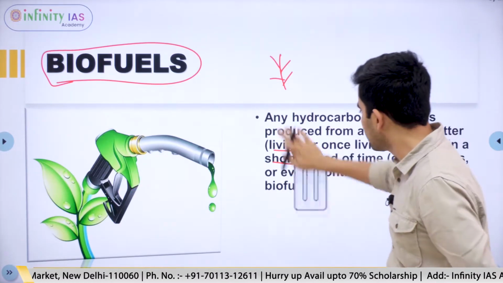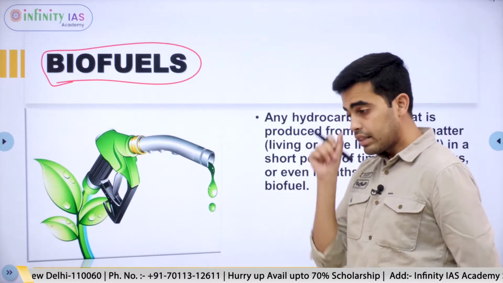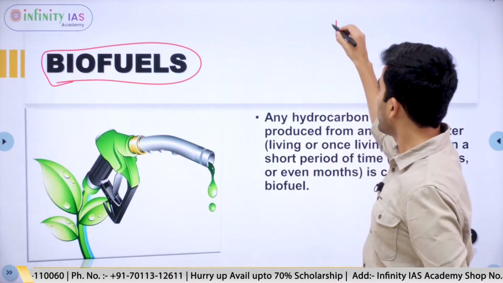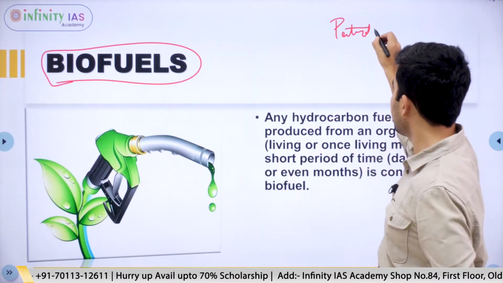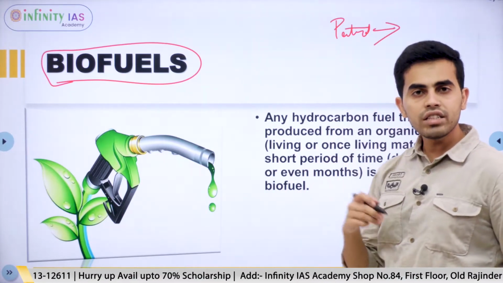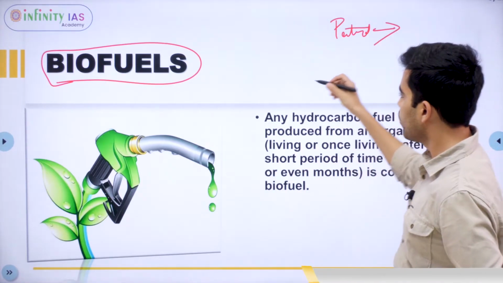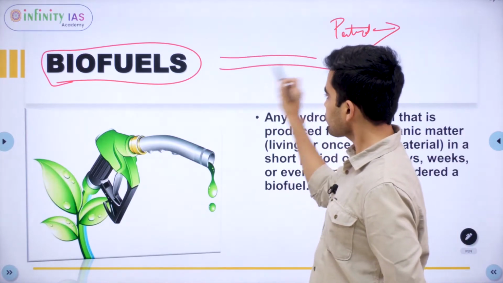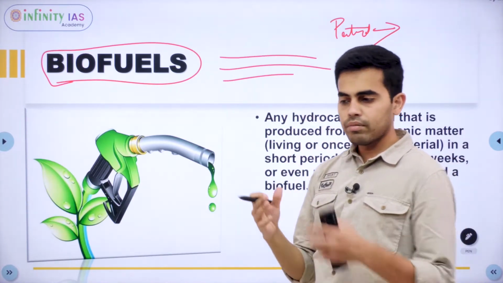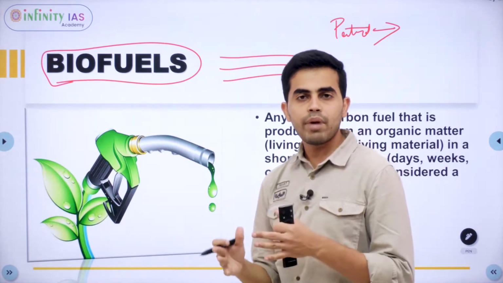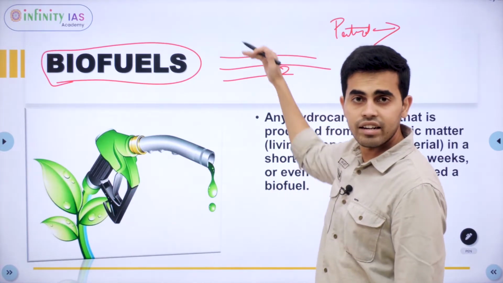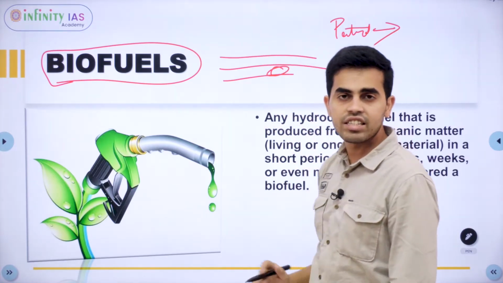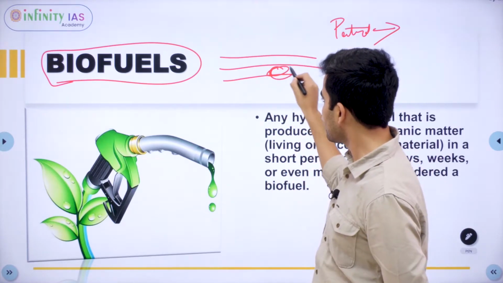So now comes the most important part. We know all petrol and petroleum products are fossil fuels. So what is a fossil fuel? Fossil fuel is basically when animals or organic matter die and get buried underneath different layers of Earth's surface, they undergo certain chemical changes.